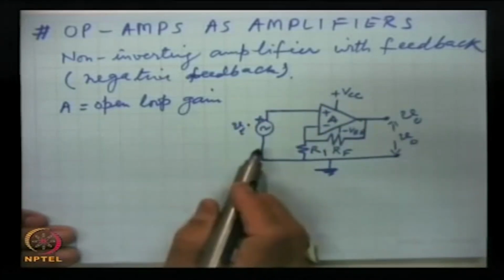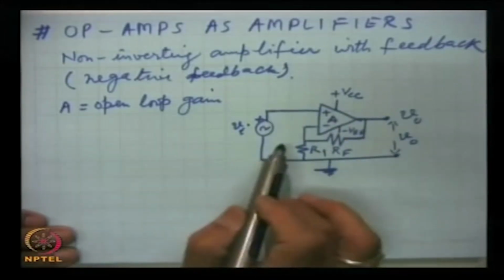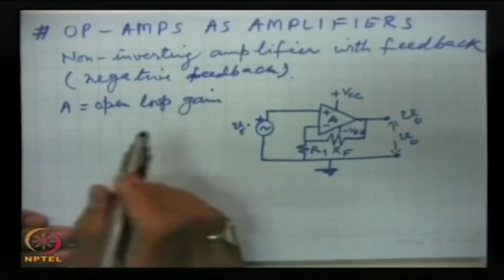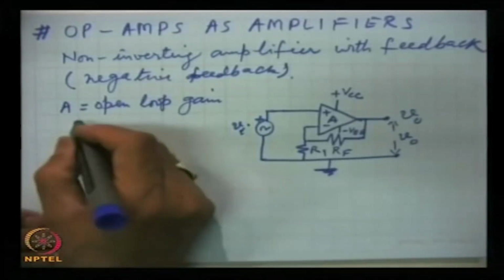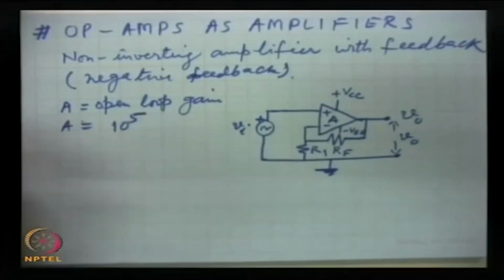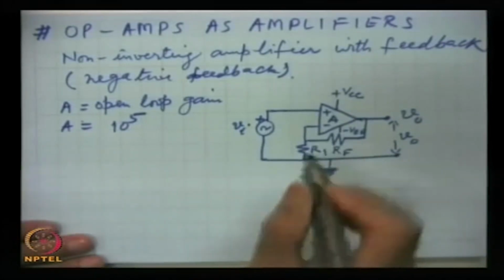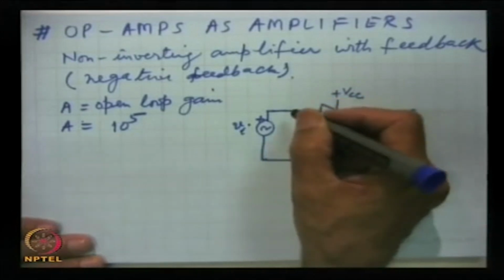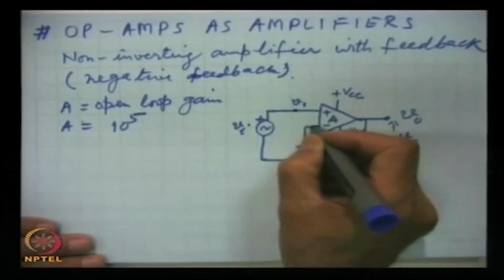This is the feedback amplifier. How much will be the gain, that we will estimate and evaluate for this, but open loop gain is provided by the manufacturer. And for most of the amplifiers, particularly 741, A is 100,000, 10 to the power 5. Now, the V out, these we identify, this is V1 and this is V2.